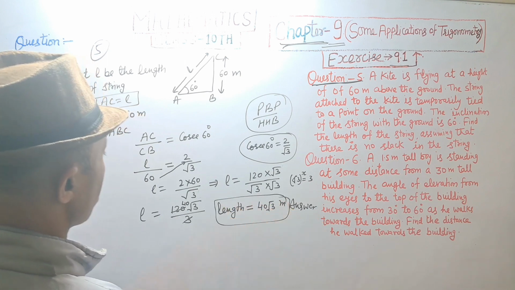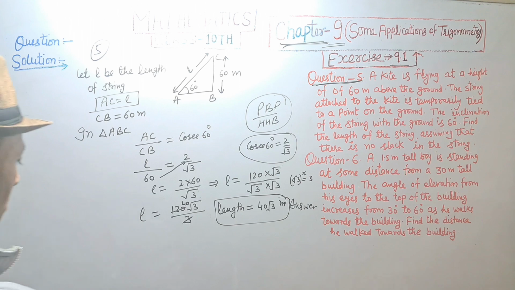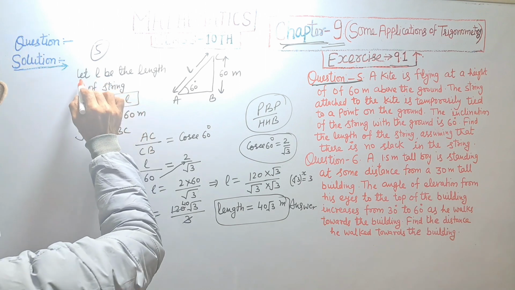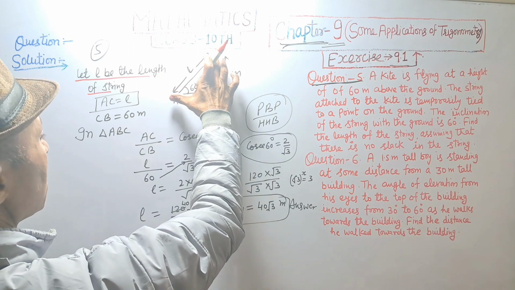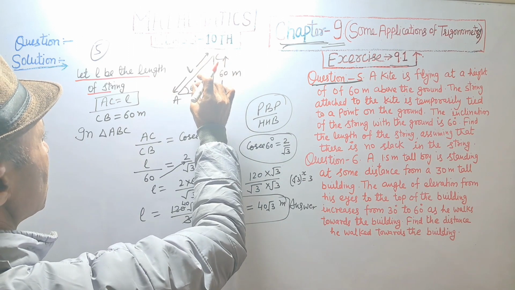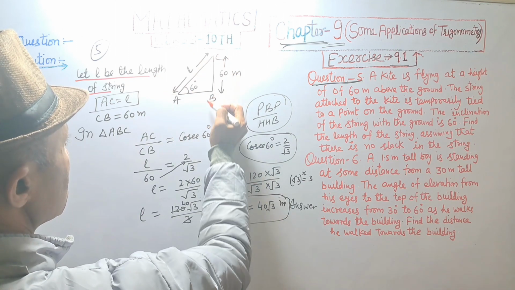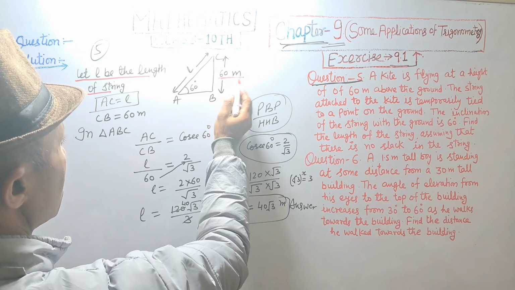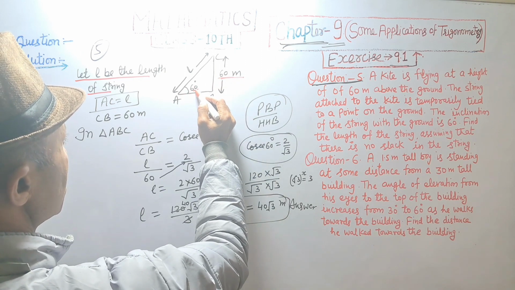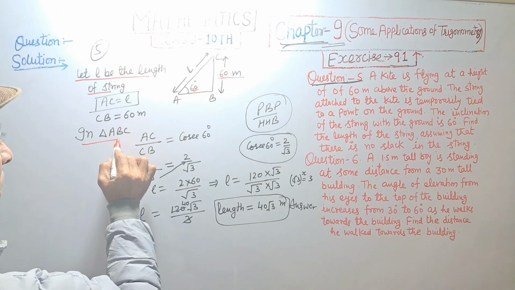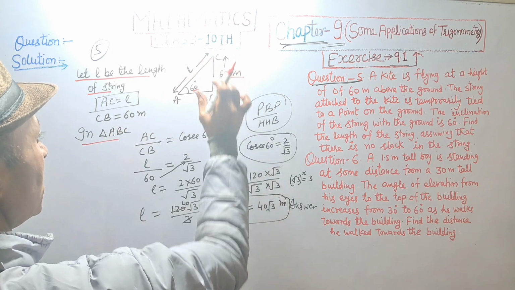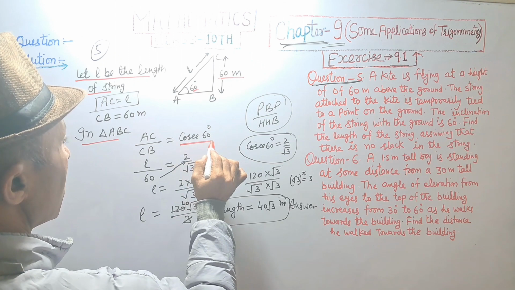Answer. Let L be the length of string. We want to find the value of AC, and CB is 60 meters given and angle A is 60 degrees. So in triangle ABC, AC upon CB is equal to cosecant theta.